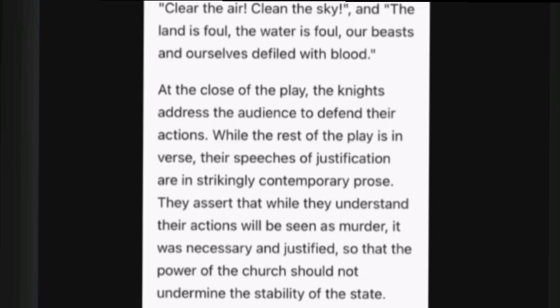Thomas justified his submission as a martyr as God's will, but none of us can understand the will of God until it happens. That's what this play is trying to let us know.